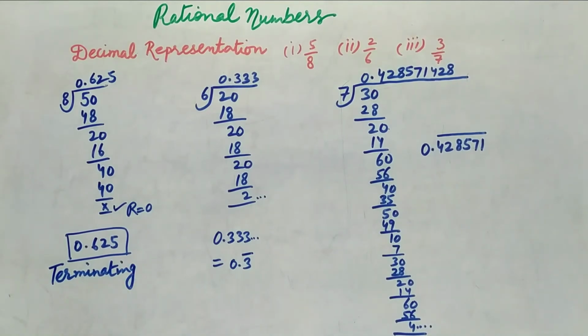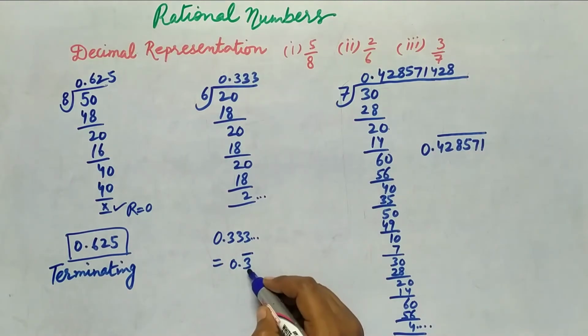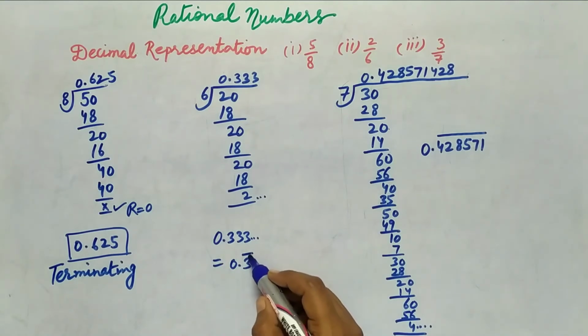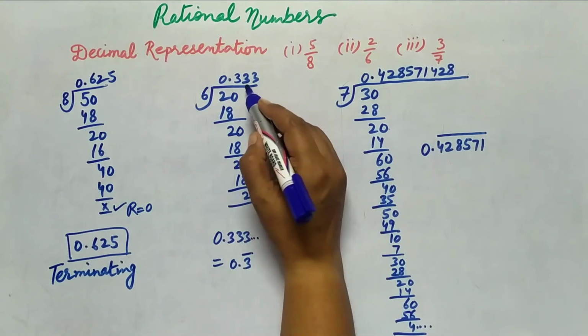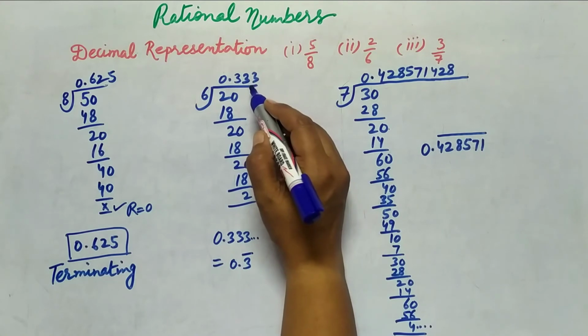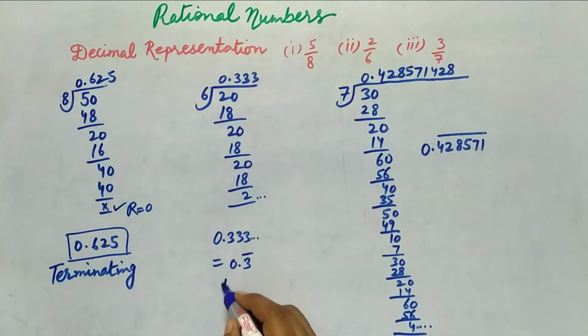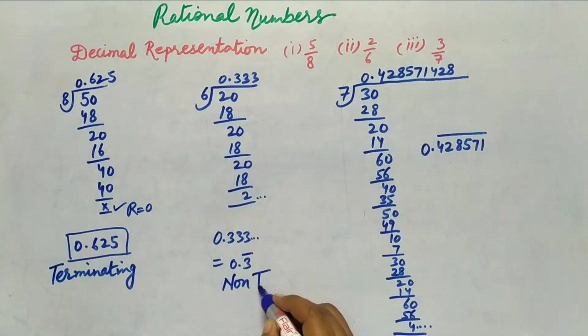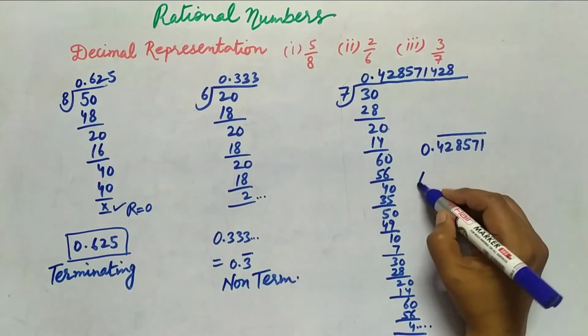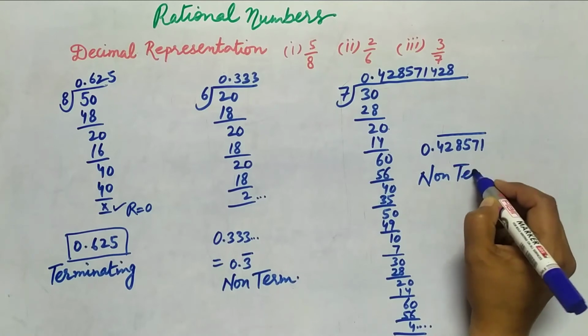Terminating decimal representation of rational numbers. In this division, the answer is repeating and the same number is repeating. It is non-terminating. Similarly, this is also non-terminating.